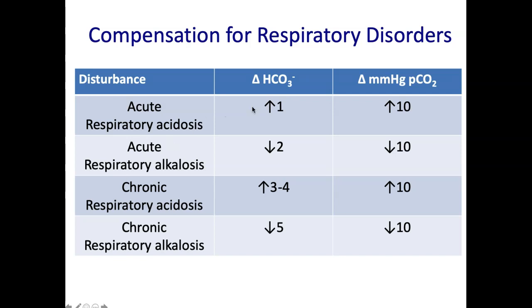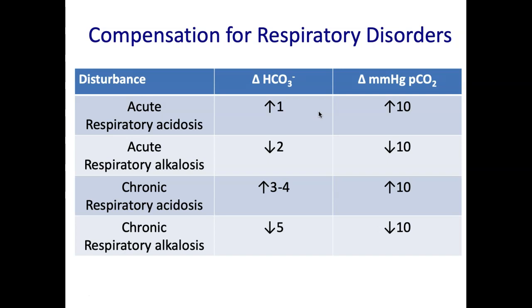So with an acute respiratory process, for every 10 increase in the PCO2, the bicarbonate should go up by about 1, okay? And actually, this kind of buffering is that acute movement of CO2 into red blood cells, and it gets split, remember? And then there's some buffering of the proton, and then there's an increase in bicarbonate.